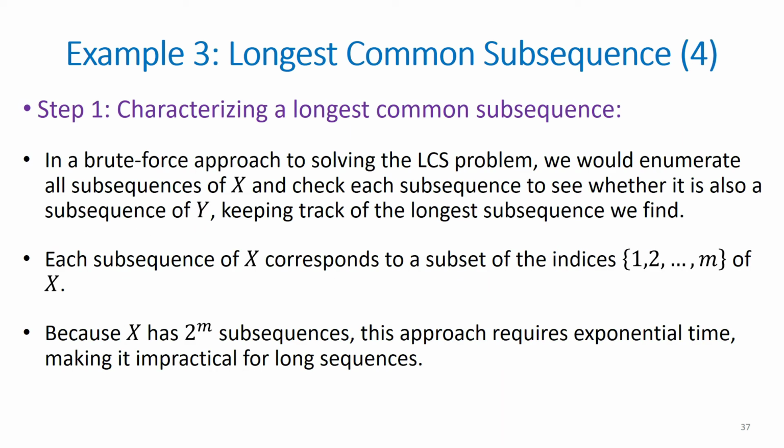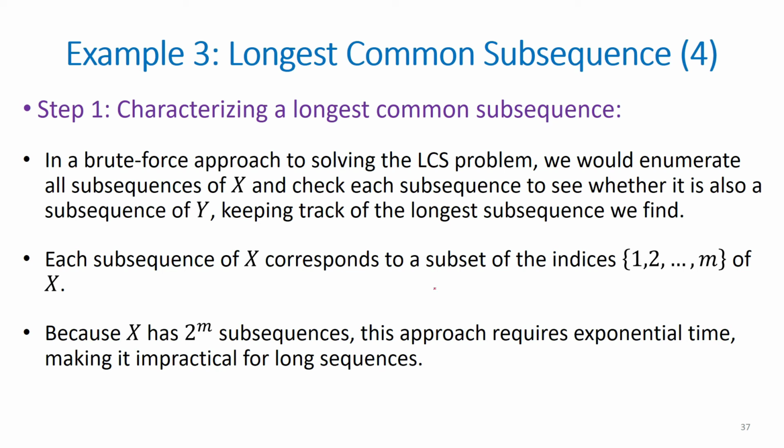Now that the LCS problem is clear to us, let's follow the 4 steps in the DP formulation of the problem. As step 1, we need to characterize the LCS problem. To see how this should be done, we need to first understand the inefficiency of the naive approach to solving the problem. The sequence X contains m elements, x1, x2 up to xm.